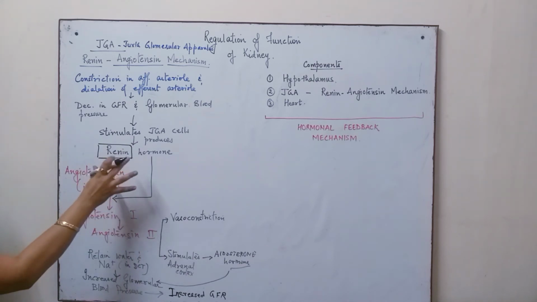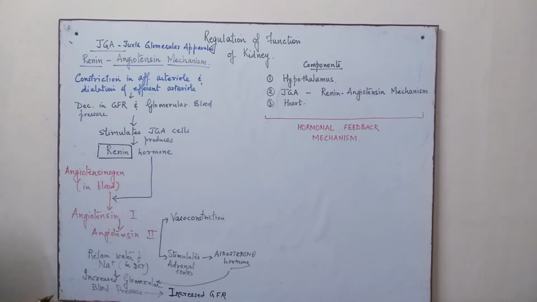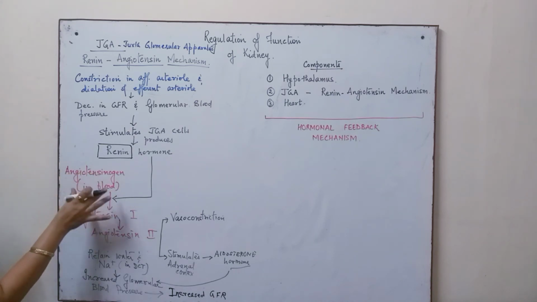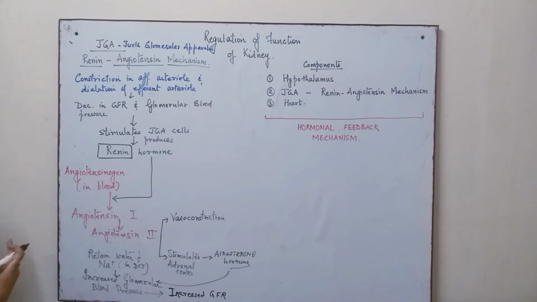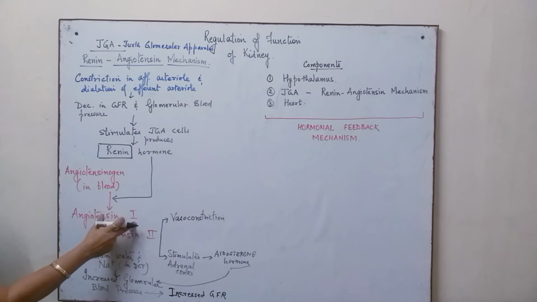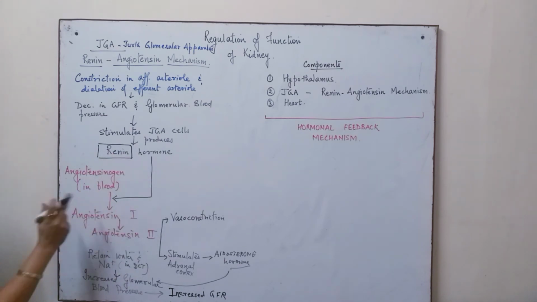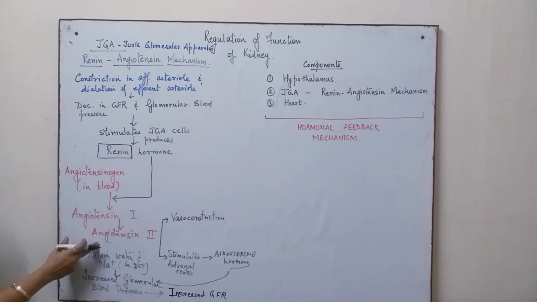Now this renin hormone is produced by the JGA cells. At the same time, angiotensinogen, which is present in the blood, gets converted into angiotensin 1 in the presence of the renin hormone, which further gets converted into angiotensin 2.